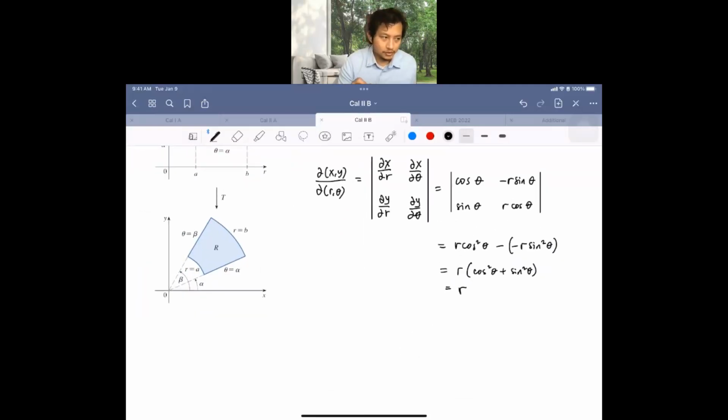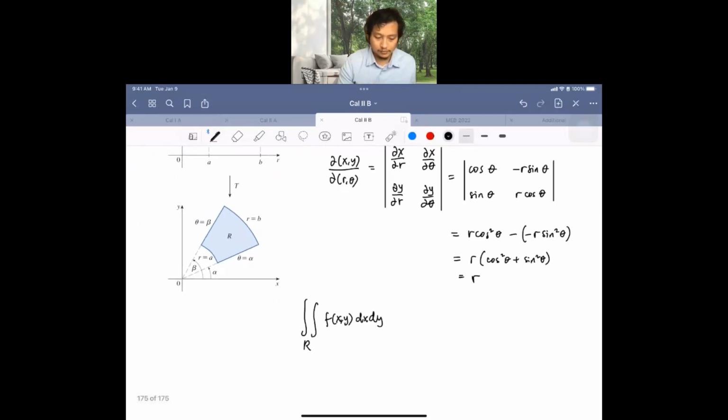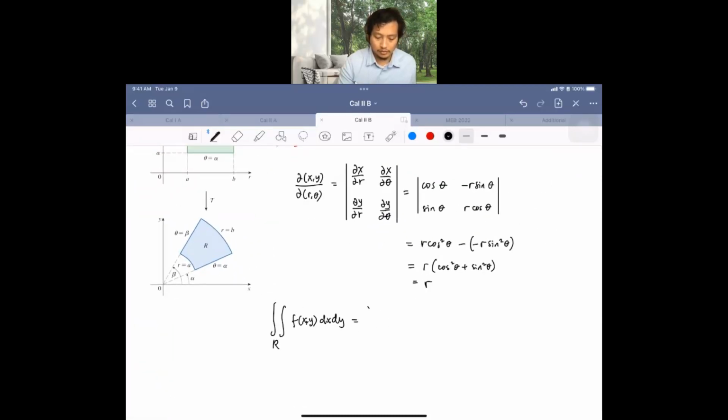Now, from the xy, we're going to apply this as f of r cos theta, r sin theta, and this will be the Jacobian of xy over the Jacobian of r theta, and the r d theta.